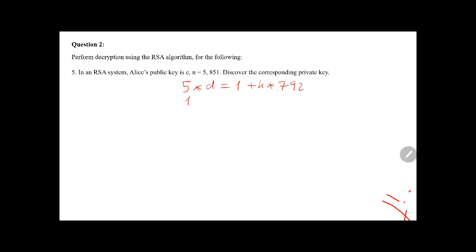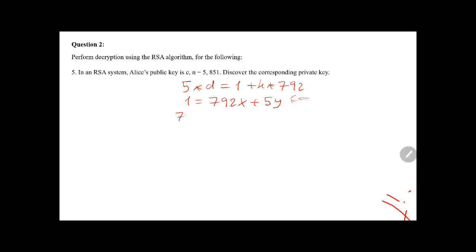It will be 1 equal to 792x plus 5y, and we start solving the equation. Note that you do not need to do this step here. It just makes it easier to read when doing the Euclidean algorithm. You can just skip this step if you want.